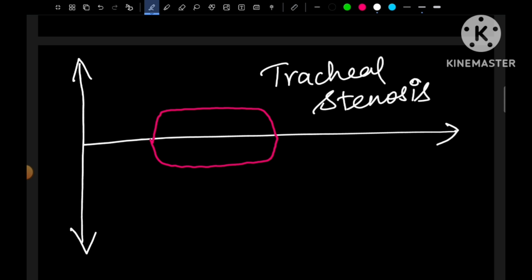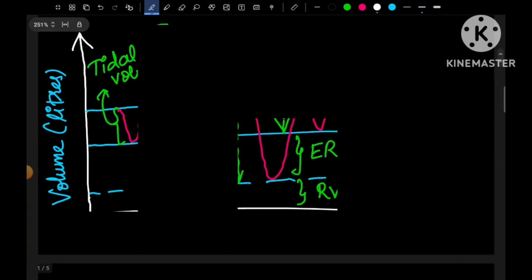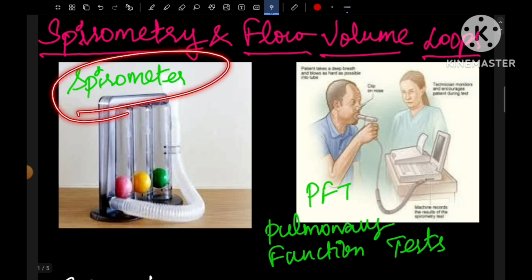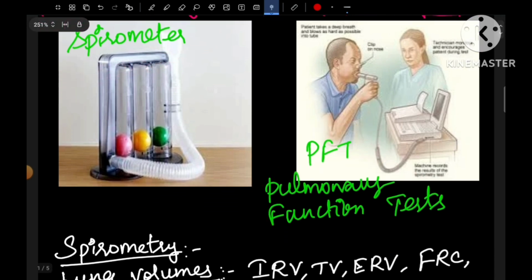So can we discuss what we saw from the first? Yes, guys, first we saw about spirometry, right? This is a spirometer, and this is pulmonary function test being performed. There are many significance in this pulmonary function test, so let's discuss that in another class.